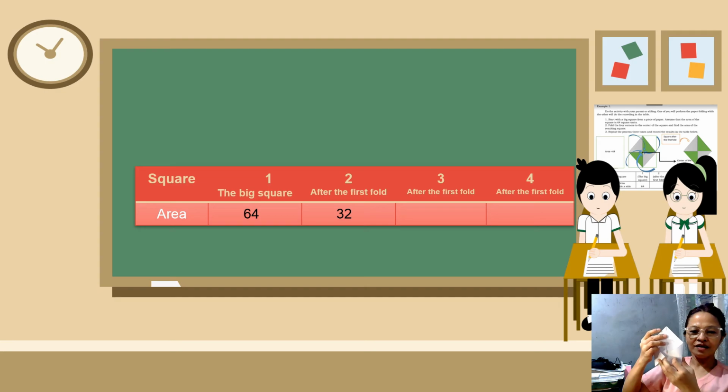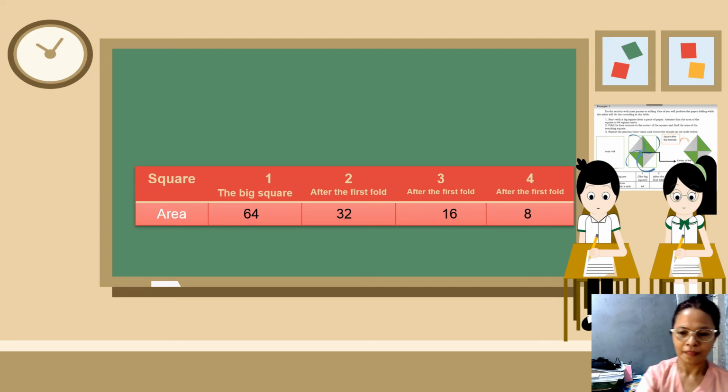From a square with area 32, we form two equal squares. So, this one. What do you think is the area of this square? Very good, 8.